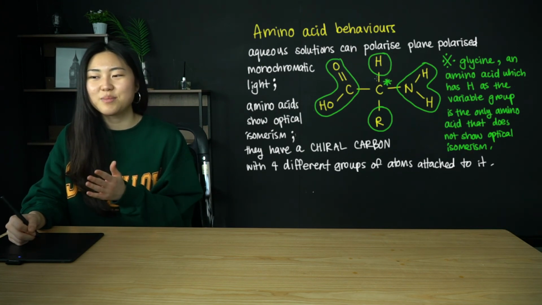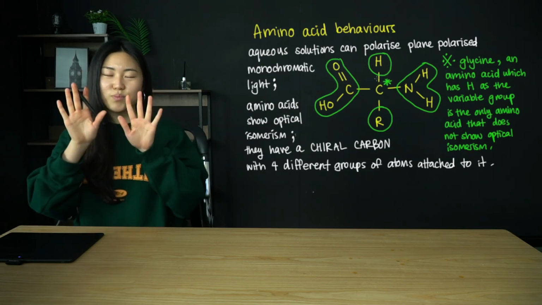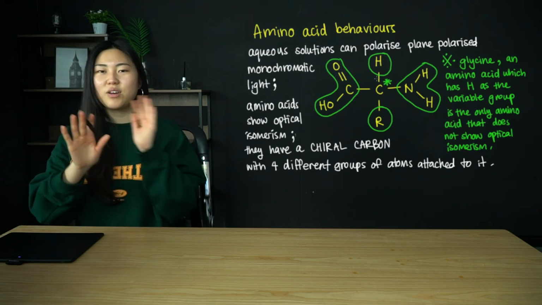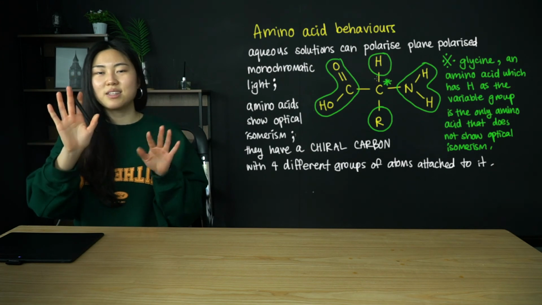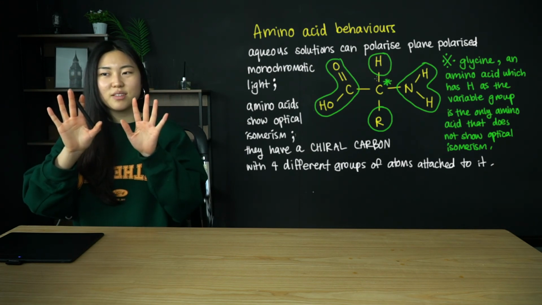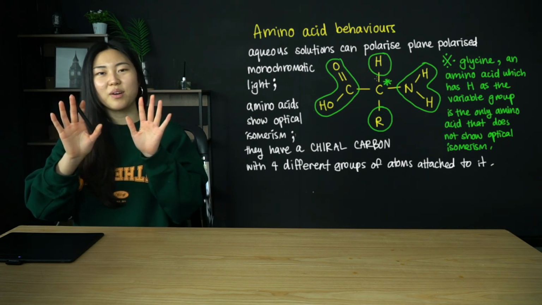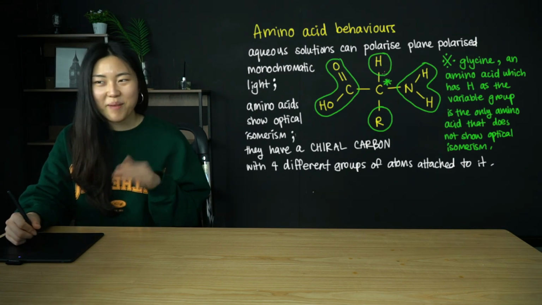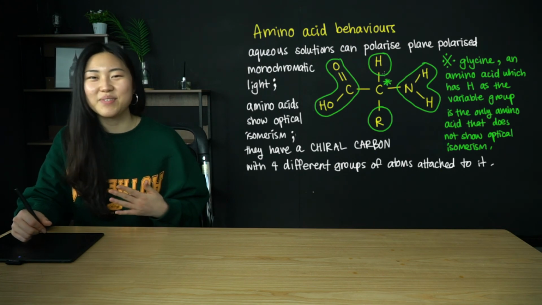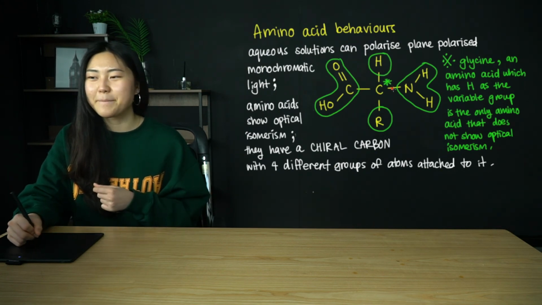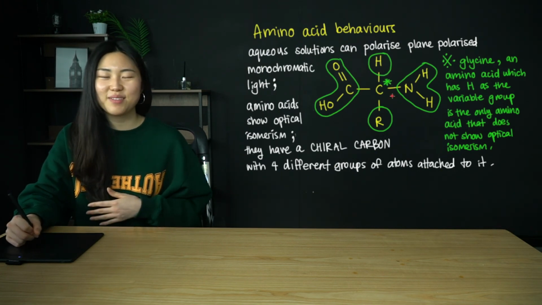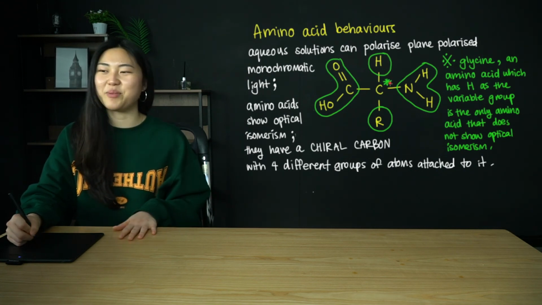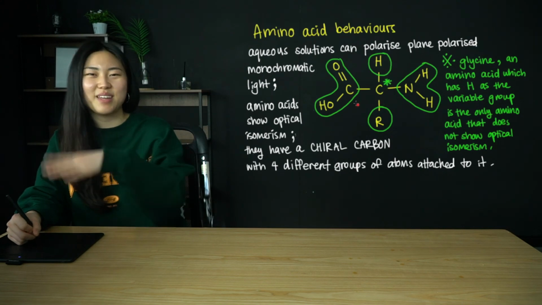So optical isomers is when you have 2 mirror images that cannot be superimposed on each other, okay? So it means that we have the same amount of this and this, so it doesn't really polarize the plane polarized monochromatic light, okay? So I'll explain more about optical isomerism in a different video, but if you have a read about it from other textbooks or websites, that would make it easier to understand what I'm saying over here.